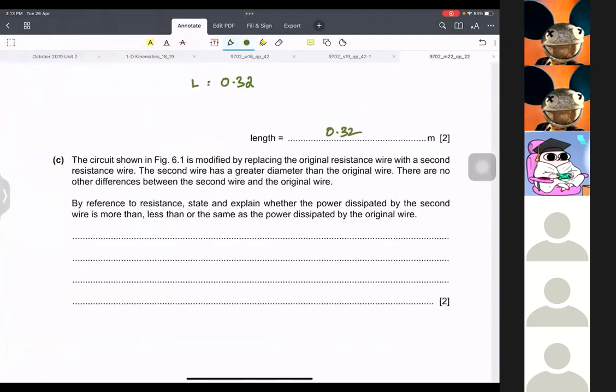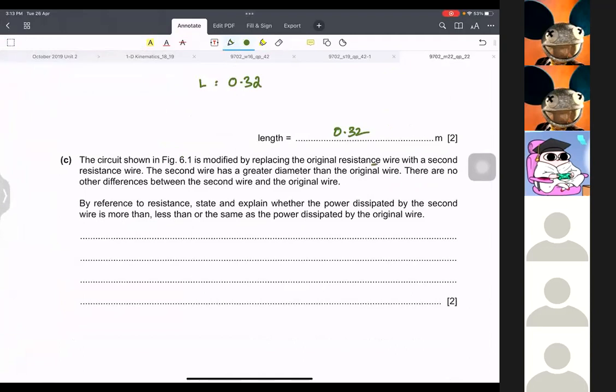The circuit shown in the figure is modified by replacing the original resistance with a second wire. The second wire has greater diameter, and there are no other differences between the second and original wire. State by reference to resistance whether the power dissipated by the second wire is more, less or the same.